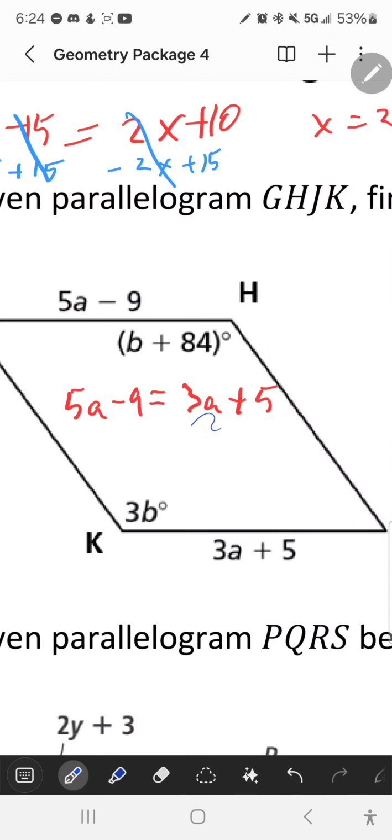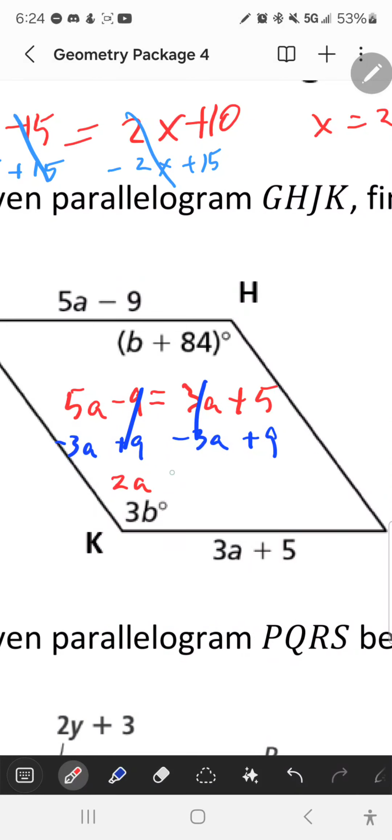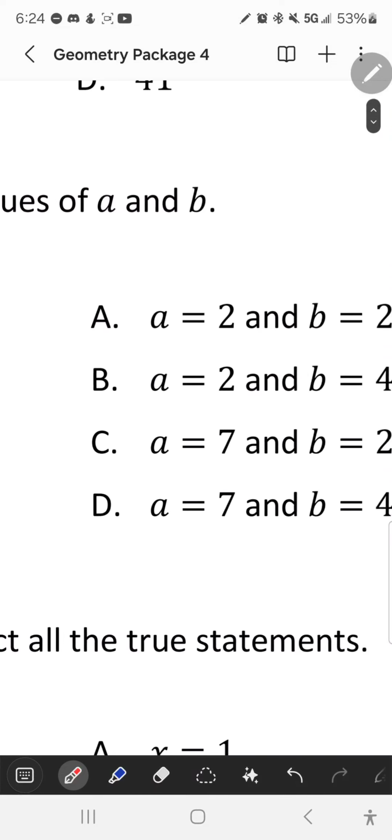So I'm going to subtract 3a from both sides and add 9. So this cancels out, and 5 minus 3 is 2a. 2a equals 5 plus 9, which is 14, and then we divide by 2 and get a equals 7.